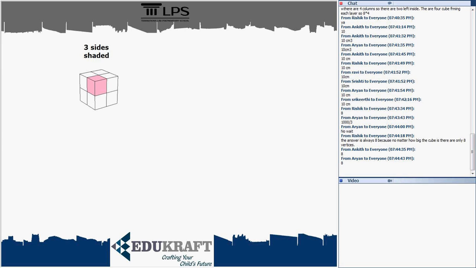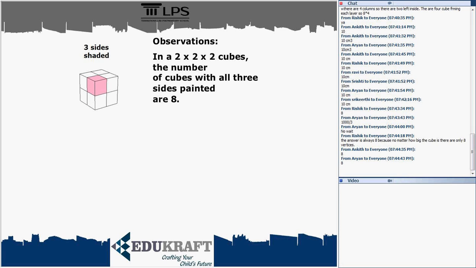Review three faces and sides that are shaded. The number of cubes with three sides painted are 8.